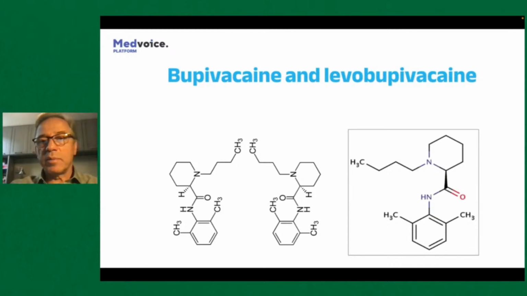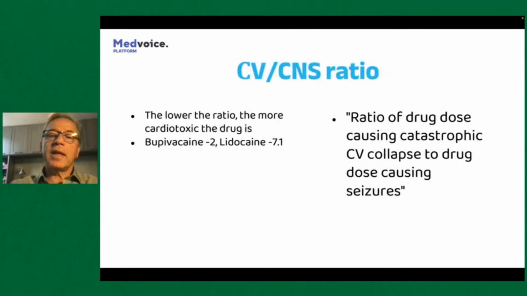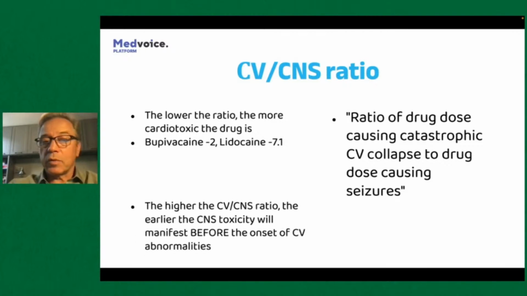Same with levobupivacaine. Then we're also talking about this cardiovascular CNS ratio, and it's the ratio of the drug dose causing catastrophic cardiovascular collapse to the drug dose causing seizures. So the lower the ratio, the more cardiotoxic the drug is. Bupivacaine, for example, is 2, which is very low, and lidocaine is 7.1.